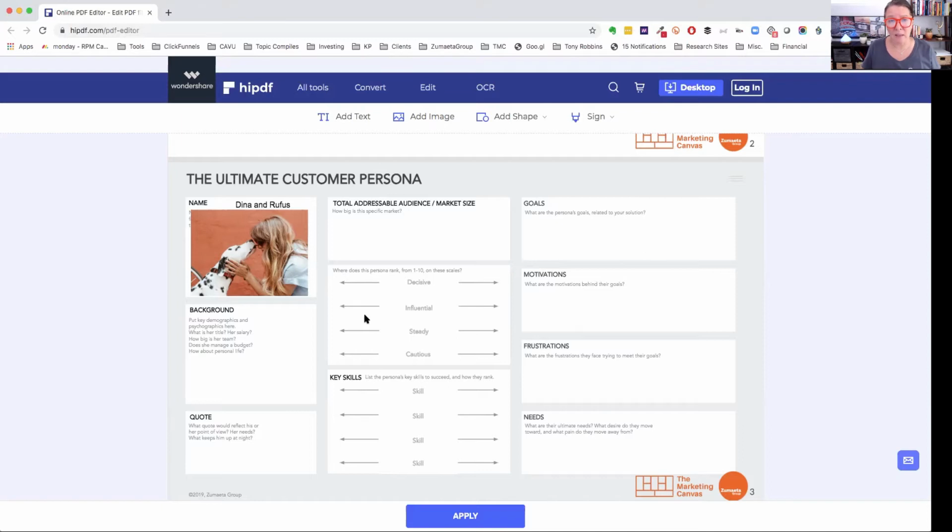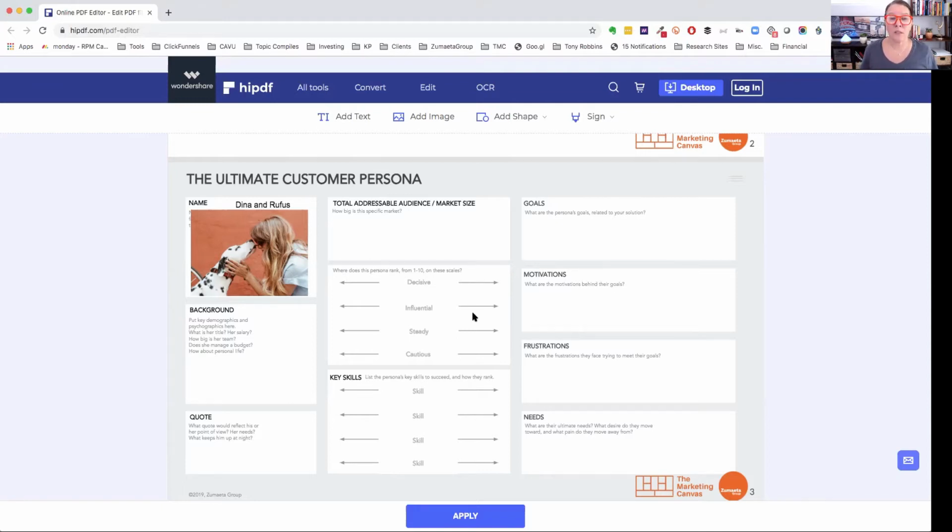She can make the decision. If I were targeting vets, I would put them very high on the influential scale, right? So if I had Just for Dogs, and I was going to try to get vets to start promoting my product, and instead of Dina with her dog, I was targeting Dr. Doggy, I would put them very high on the influential scale.